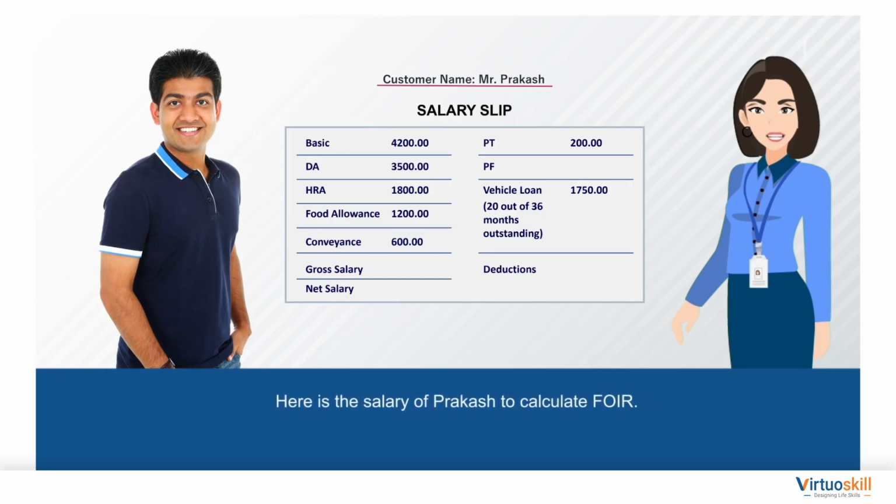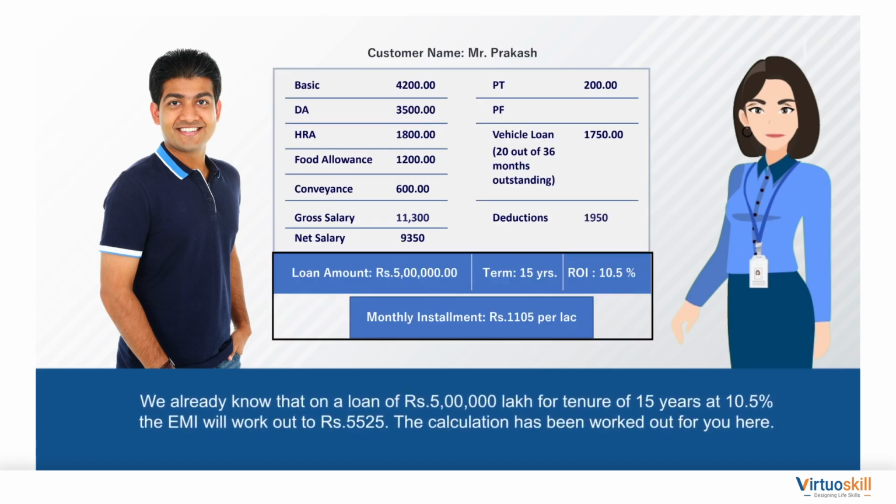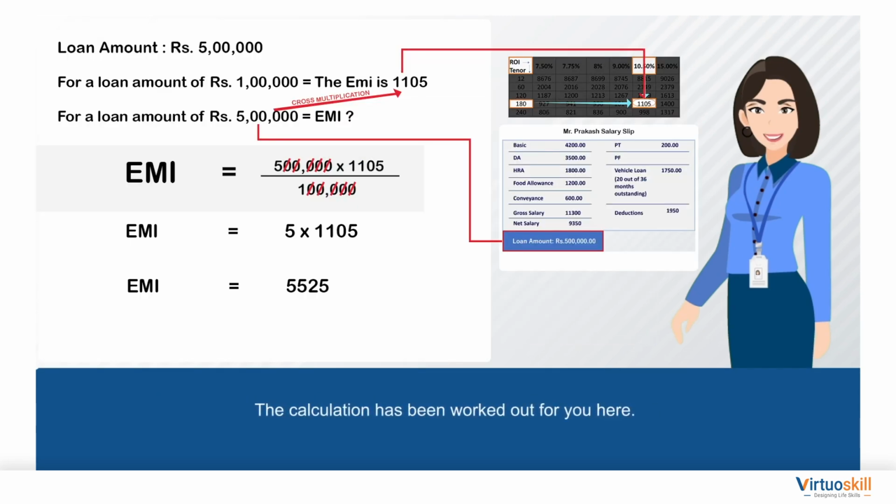Here is the salary of Prakash to calculate FOIR. We already know that a loan of Rs 5 lakh for tenure of 15 years at 10.5%, the EMI will work out to Rs 5,525. The calculation has been worked out for you here.